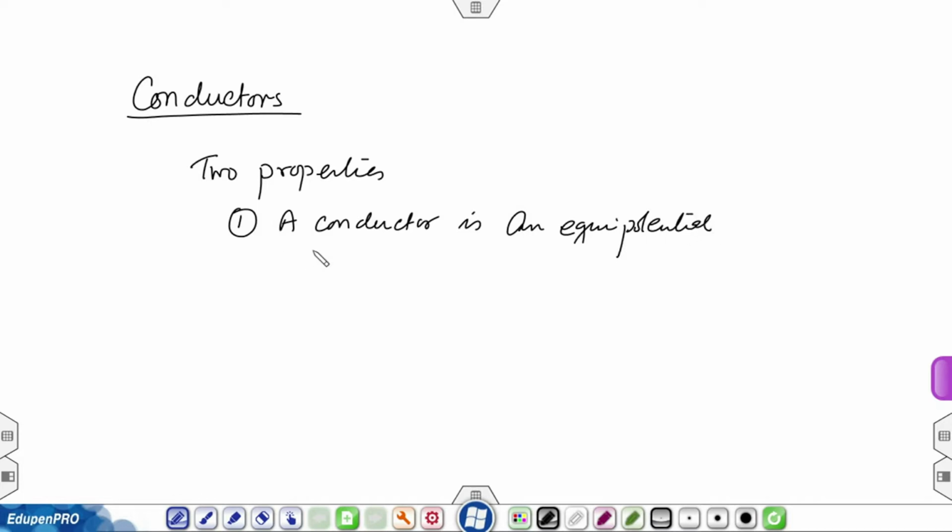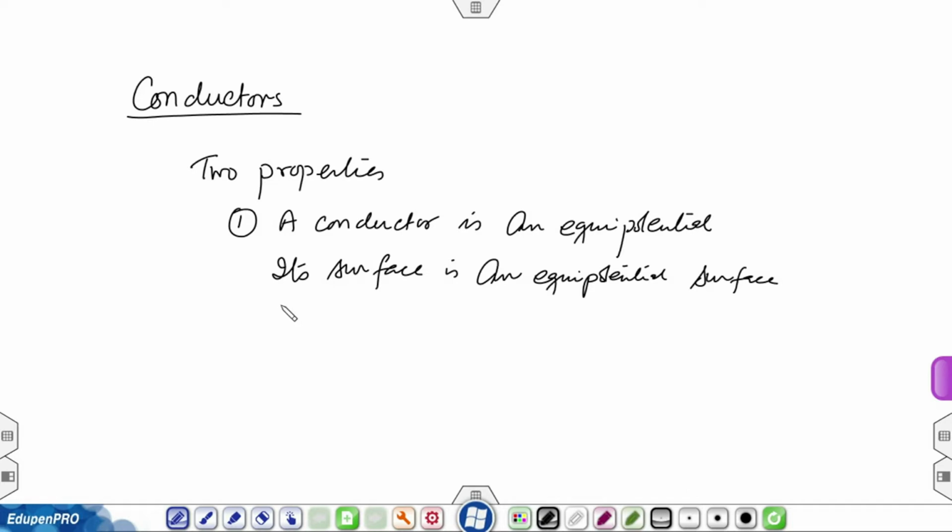So, the whole body is on one potential, its surface is an equipotential surface.